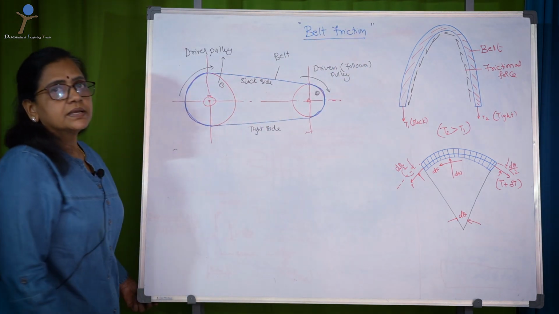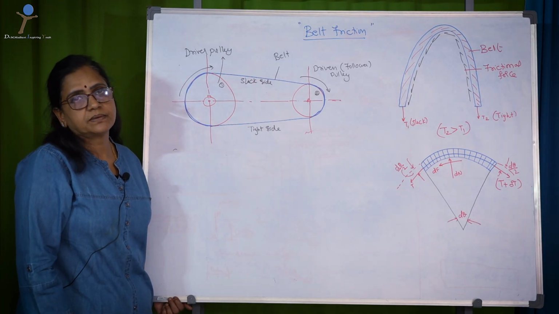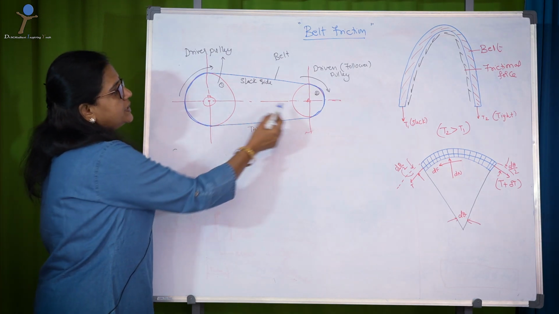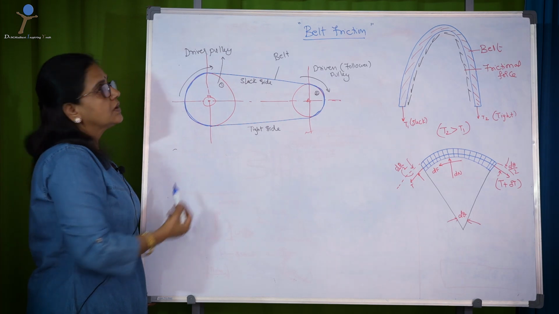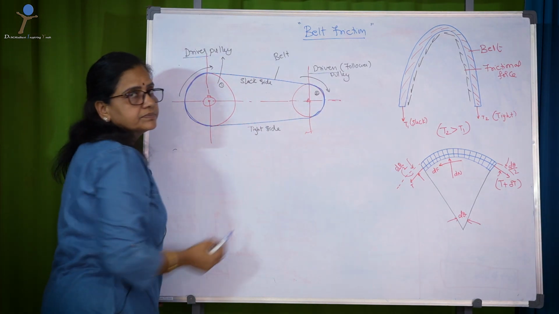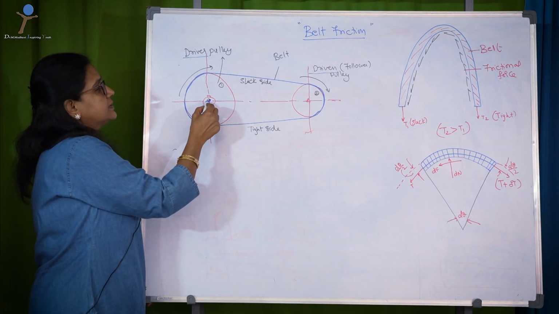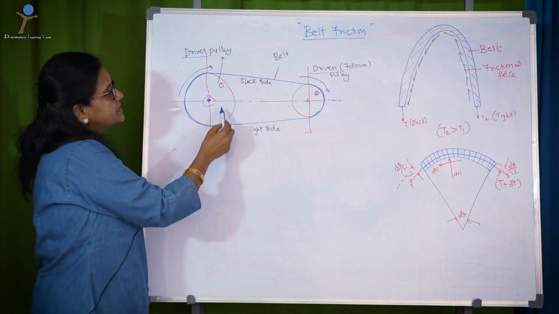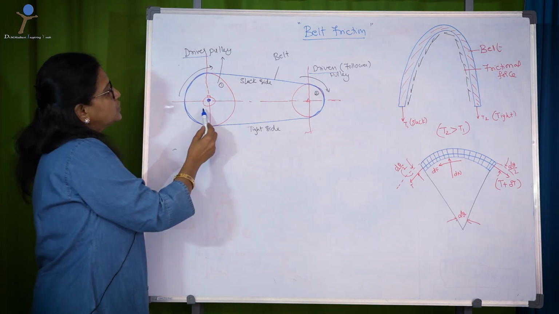A belt is a mechanical element used for power transmission. Now consider two pulleys of different diameters, one being the driver pulley, the other being the driven pulley. The motor source, like an electric motor, is connected at this point, and the power is transmitted to the driver pulley through the motor.